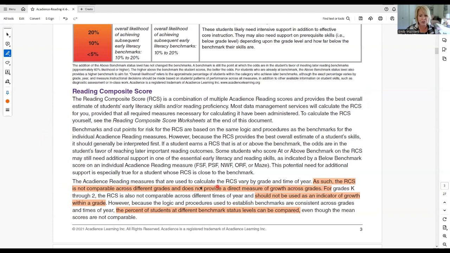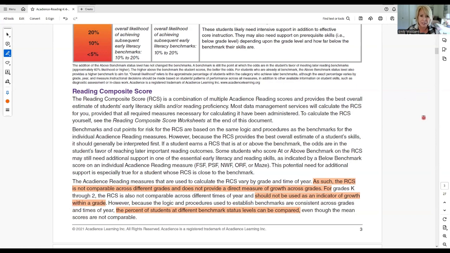As such, the reading composite score is not comparable across different grades and does not provide a direct measure of growth across grades. For grades K through 2, the RCS is also not comparable across different times of the year and should not be used as an indicator of growth within a grade.